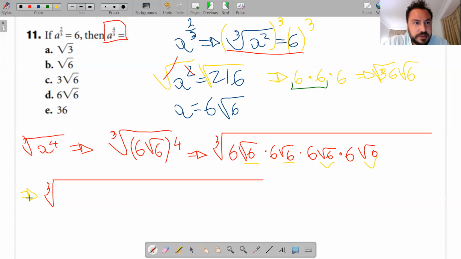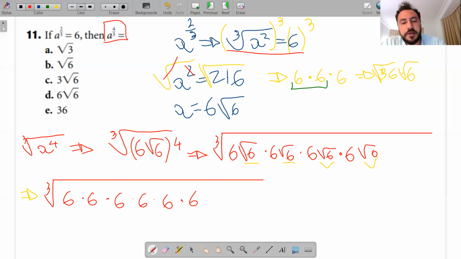So we have 1, 2, 3, and 4 sixes already: 6 by 6 by 6 by 6, times the multiplication of the square roots.